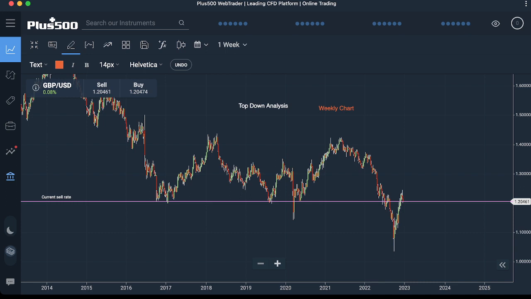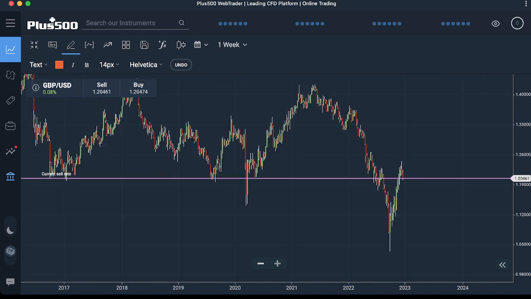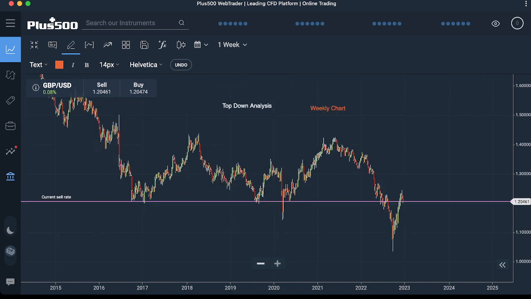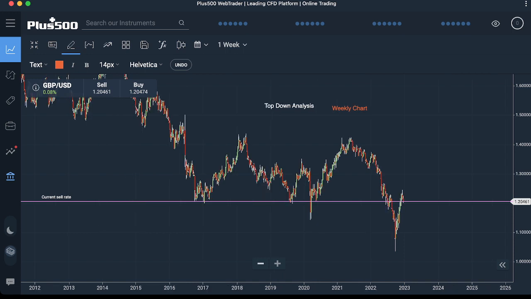So here let's talk about the weekly chart in the pound dollar, and as you can see, overall the direction of the market in the pound dollar is to the downside. Here let me just put some indicator for you so you can see which point exactly I'm talking about.